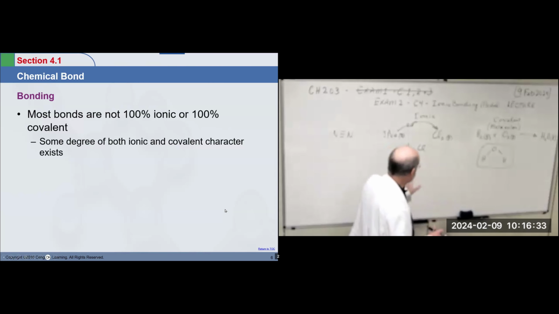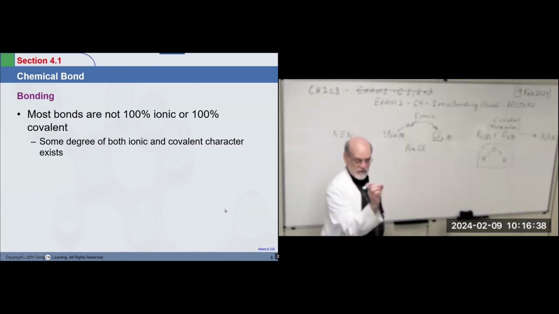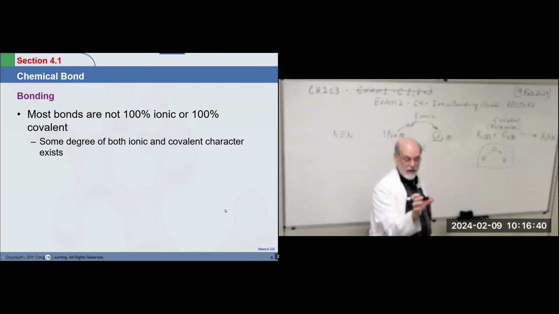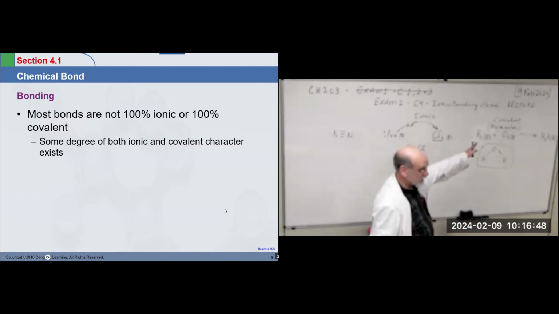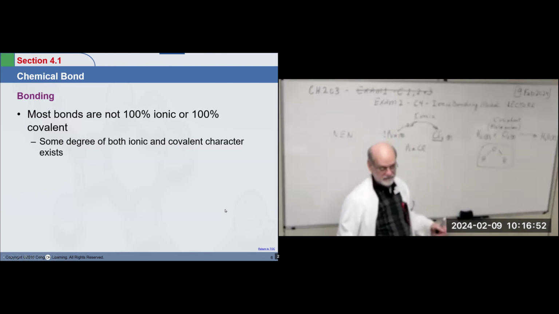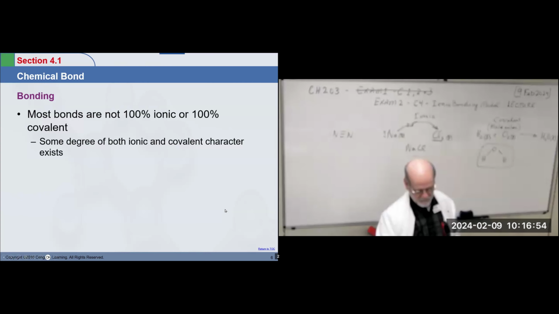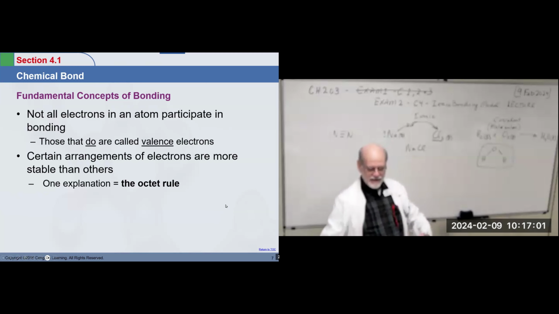And whenever you have like that, this one would be also. Both of the atoms are exactly the same element. Then you get a 100% covalent bond. Otherwise, there is some ionic character in the covalent bonds. And there's some covalent character in the ionic bonds. All right, you're not going to have to do any of those calculations. I'm just stating that as a fact.